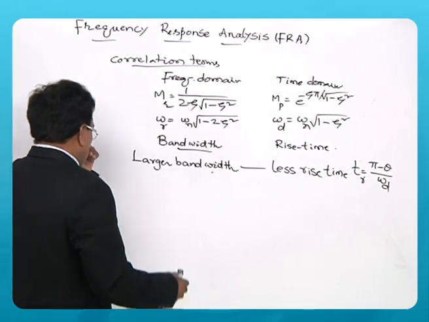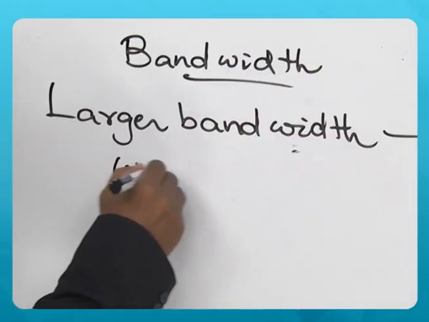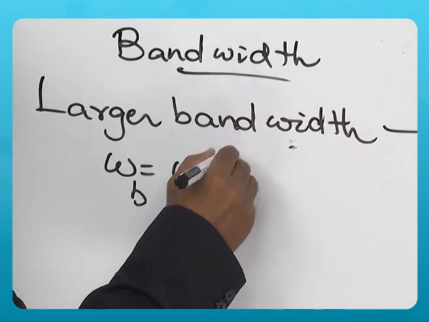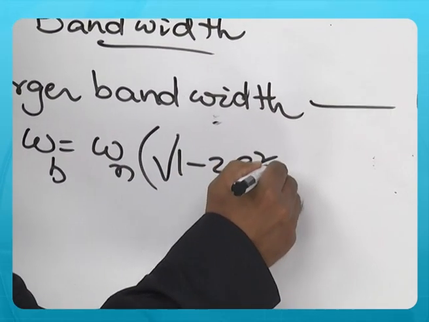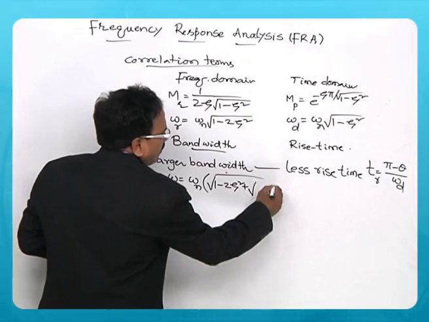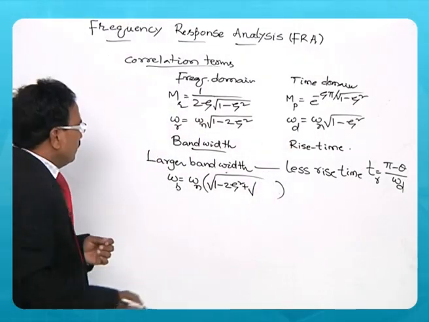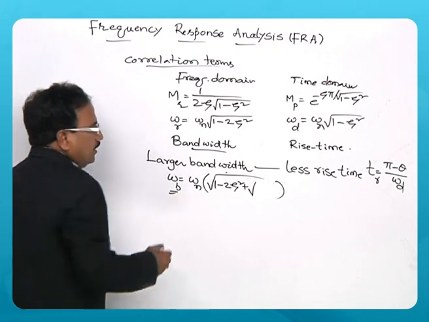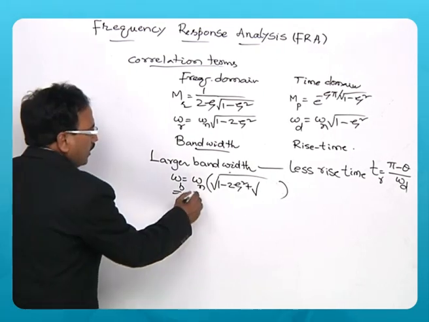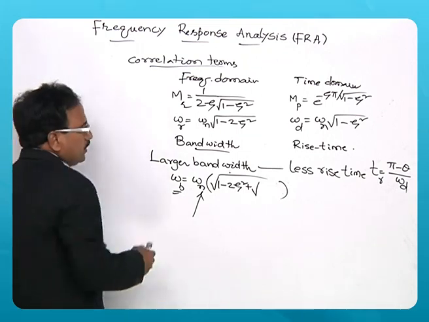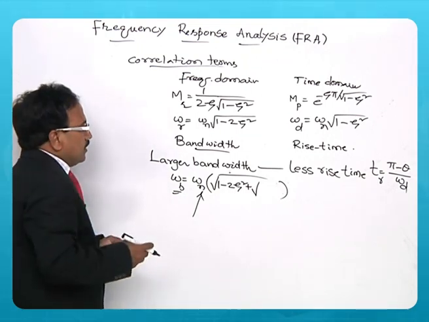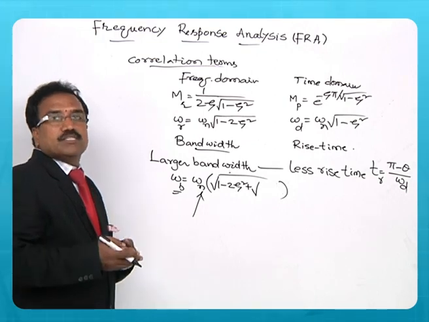As you know, the bandwidth expression omega b is equal to omega n into under root of 1 minus 2 zeta square plus so on. So this omega b increases with omega n. When omega n increases, omega b also increases. So I say that when omega n is large, bandwidth is large.